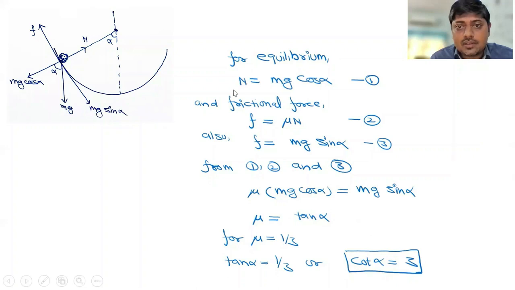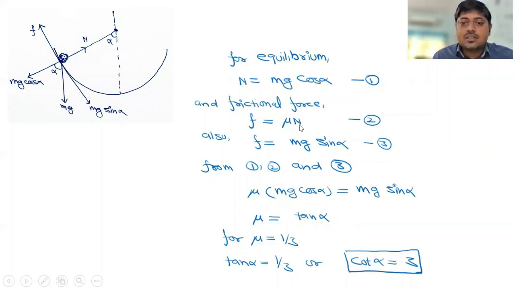We know the value of the reaction force N here will be equal to mg cos alpha because there is no movement in this direction. So this is an equilibrium state and these forces will be equal and opposite. So N is equal to mg cos alpha. Frictional force, we can represent it by small f, and it will be equal to mu times the reaction force.